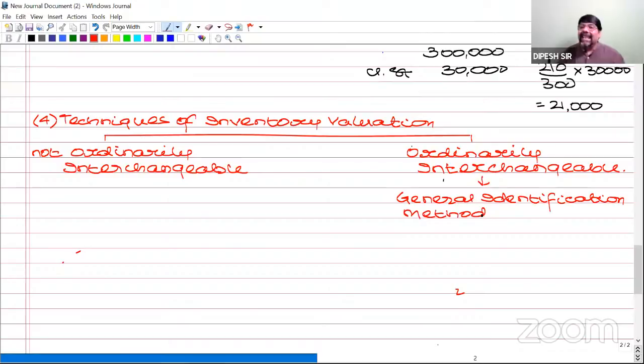That means these 300 pens are left from the first bill, or the last bill, or at the average cost. Anything we can say. So over here we can use FIFO, first in, first out.